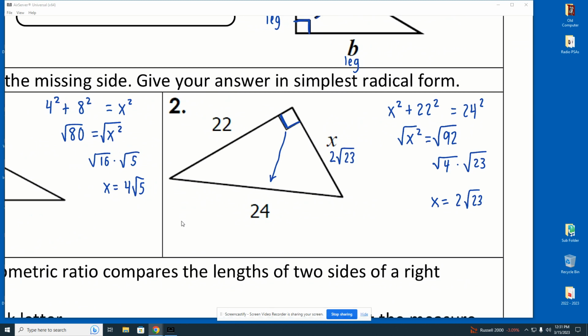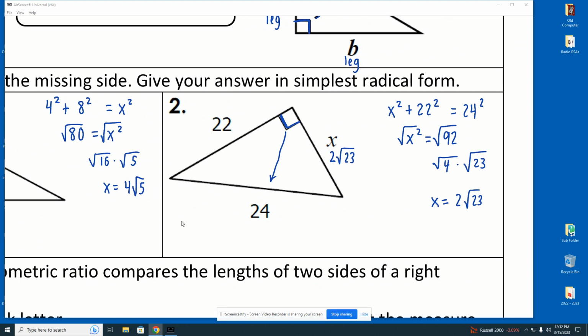Now, we start with Pythagorean theorem because in order to do these trig functions that we're about to talk about, that you probably have learned before in the past, you've got to know all 3 sides in order to write these trig functions. Soon, we're going to use trig in order to find sides or angles that are missing.